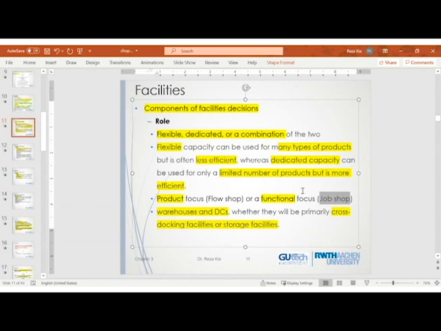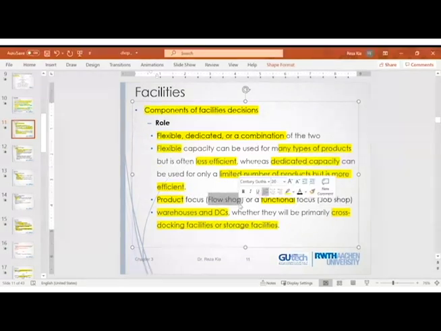For a job shop system, the flexibility is higher. You can produce simultaneously a huge variety of products, but the production cost will be higher compared to the production line.